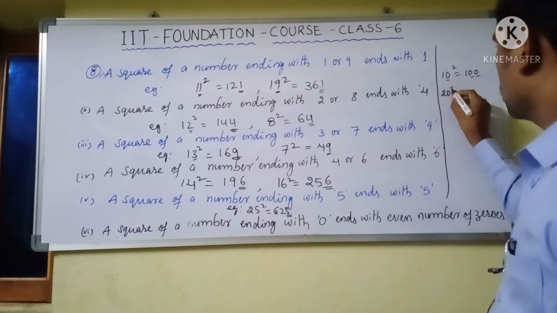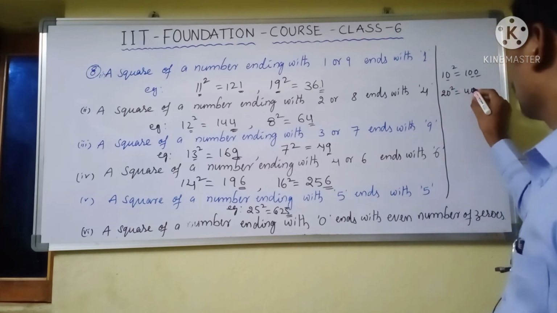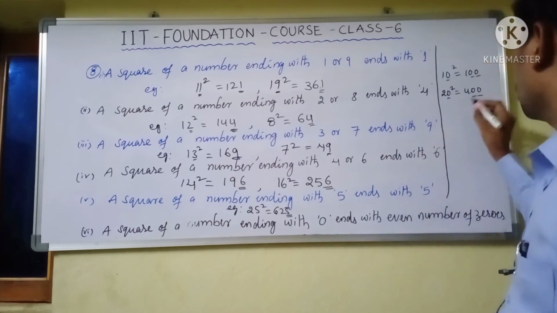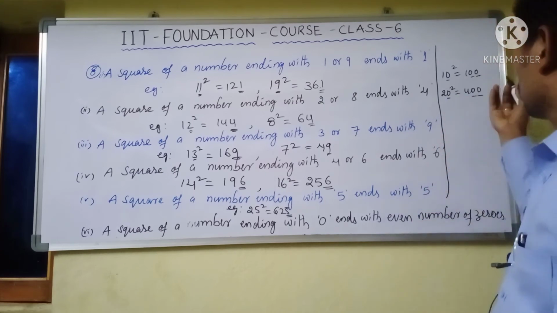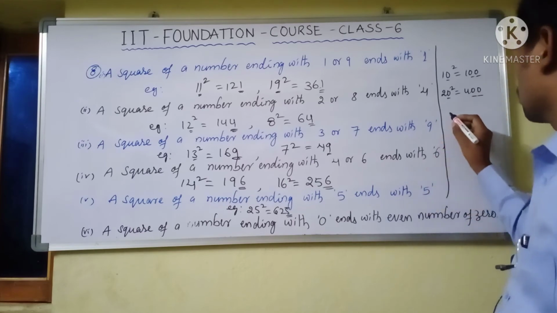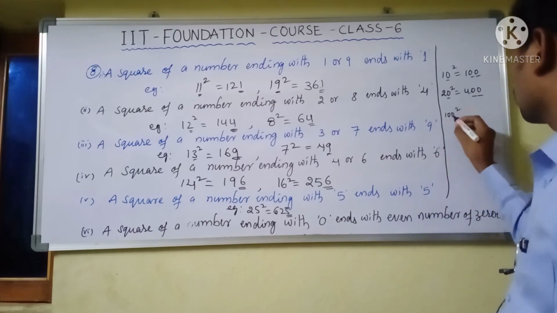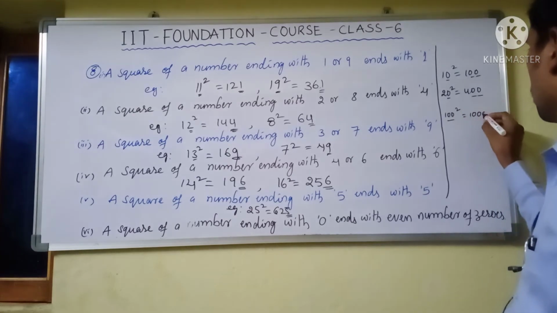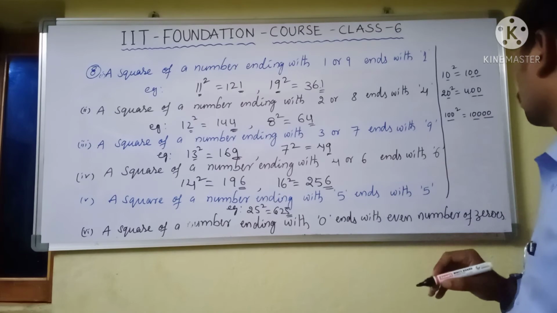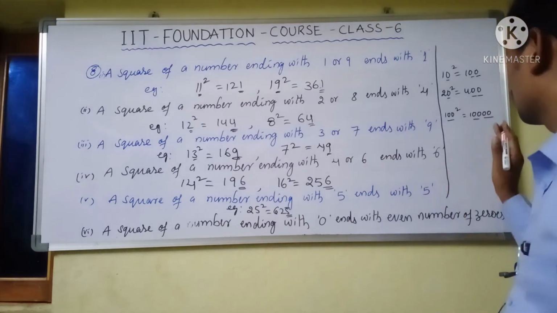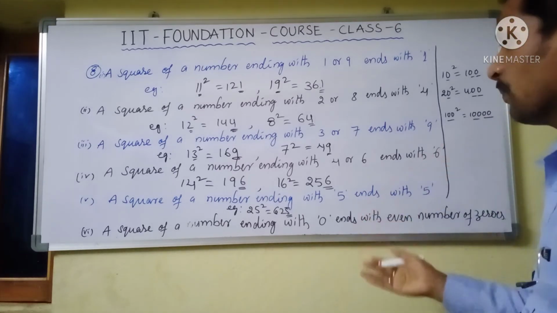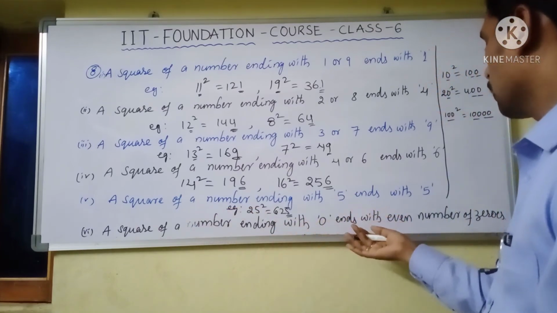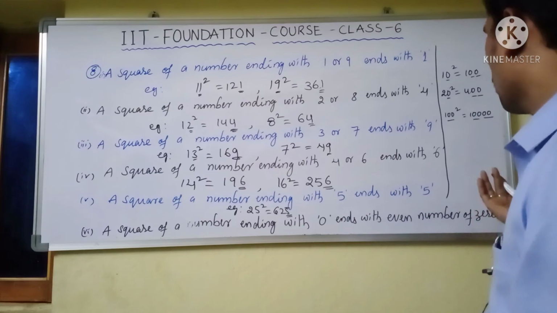Then 20 square, that is 400. Here 20 is ending with 0, so its square value is ending with an even number of zeros. Suppose 100 square. 2 zeros, so its square value is 10,000, ending with an even number of zeros. These are the examples for the square of a number ending with 0 ends with an even number of zeros.